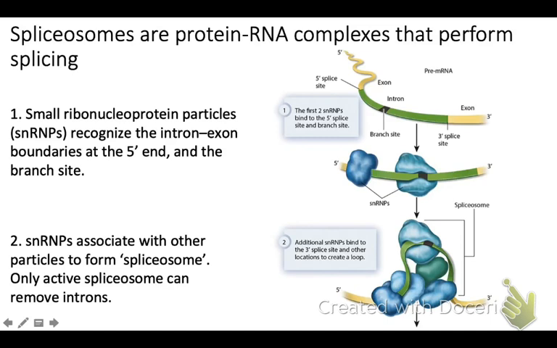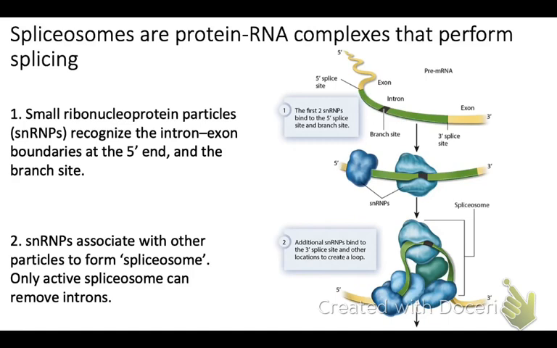This process happens using a complex of proteins and RNA that's called the spliceosome. So the spliceosome is assembled, is huge actually. It's assembled from small ribonucleoprotein particles that are abbreviated as SNRPs and literally pronounced like that, and about 80 proteins.